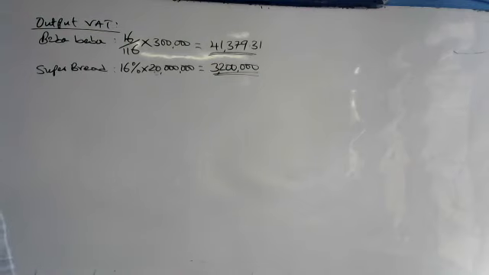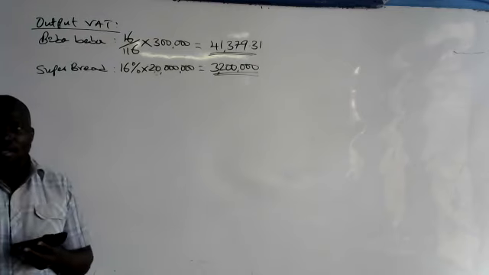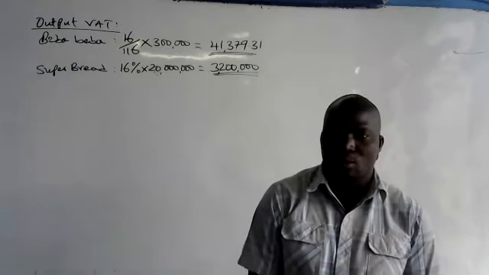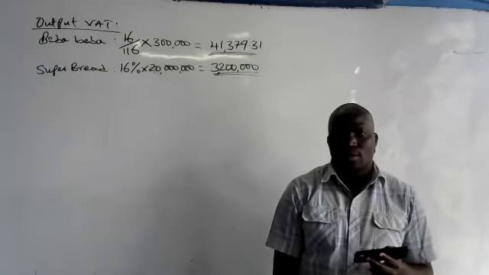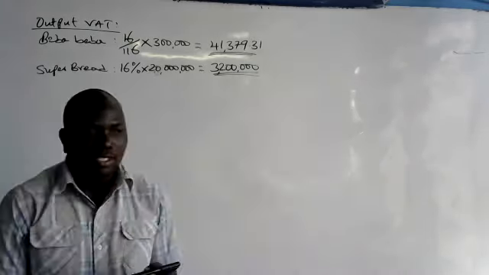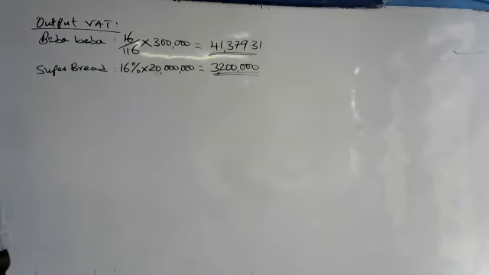Because the price is inclusive of VAT, check the story of 300,000 inclusive of VAT. So the 300 is not 100%, it's 116%, because VAT is inside it. But 20 million is 100% because it has no VAT, it's exclusive.